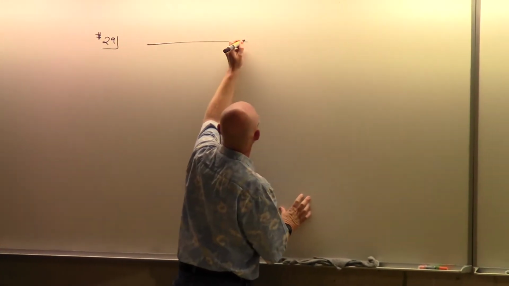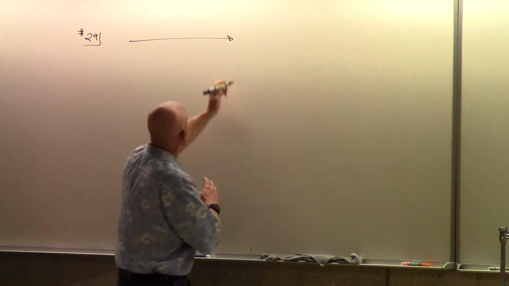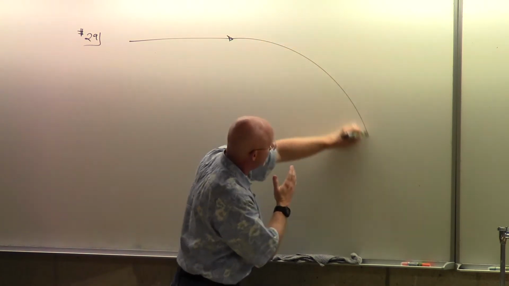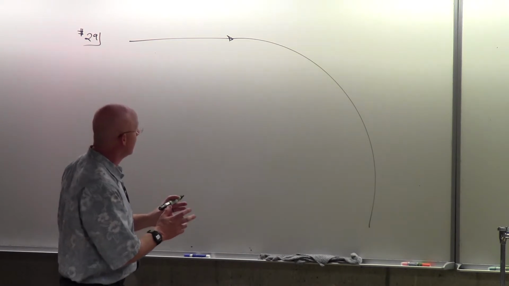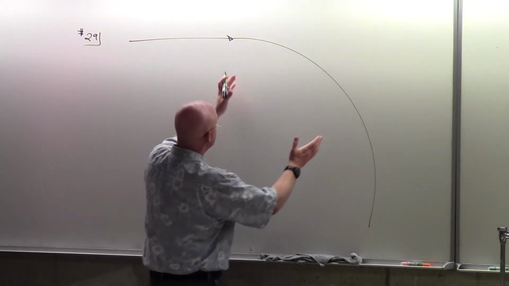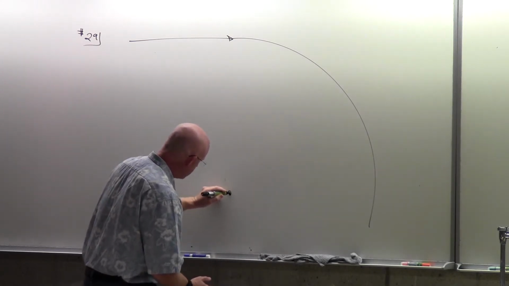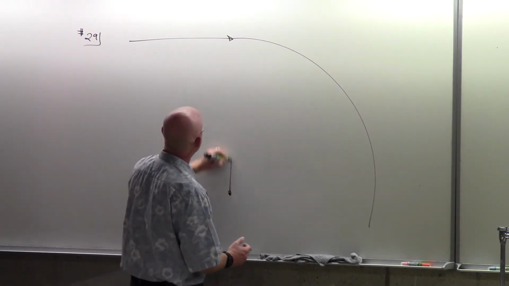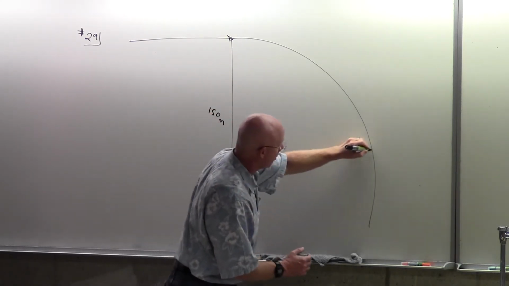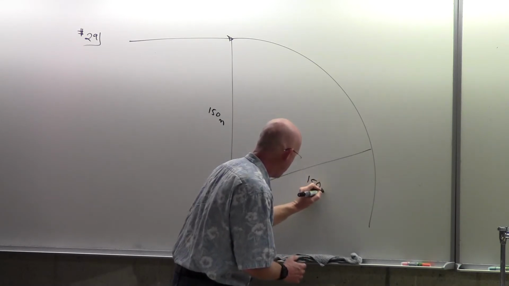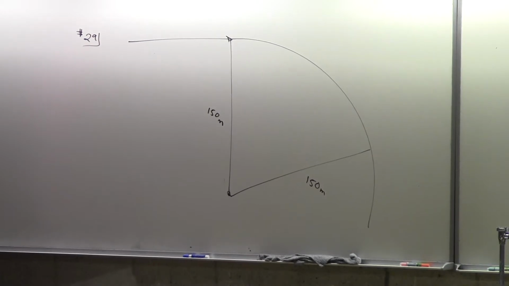Let's say this is the train. There's some kind of straightaway for a while, but then it hits a turn and begins to make a turn. I'm not really sure how far the turn goes. It doesn't really matter. I just know that this turn has some kind of center to it at a distance of 150 meters, I think is what I read there, right? 150 meters.